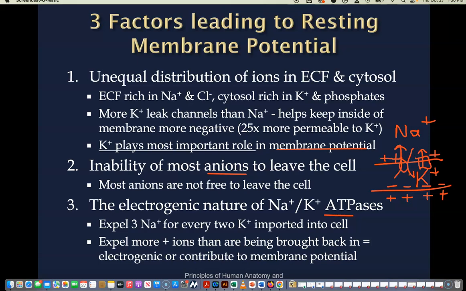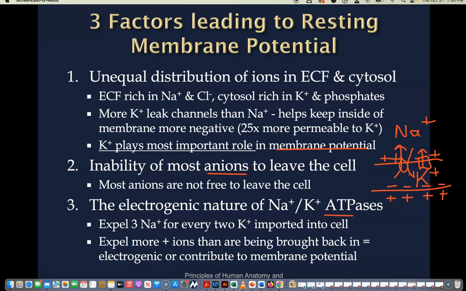So for every 3 sodium pumped out, only 2 potassium are pumped back in. We're pumping out 3 positively charged ions and only 2 back in.